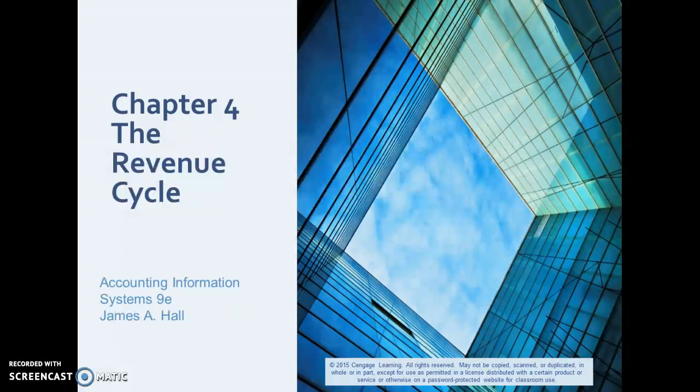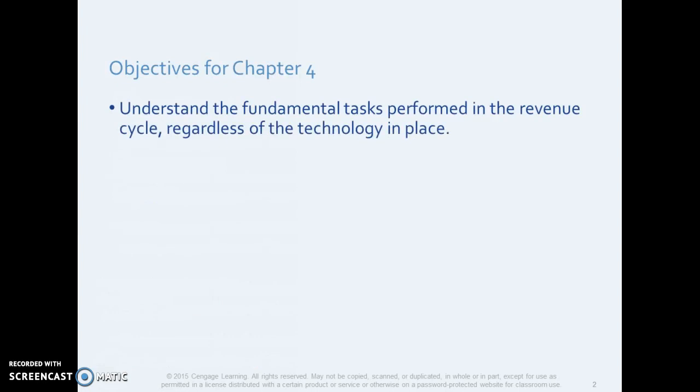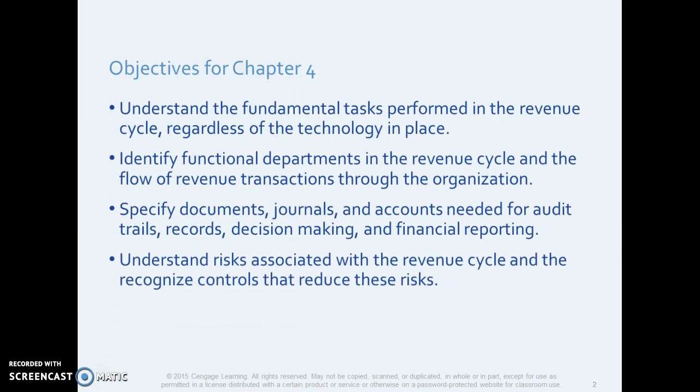So this week we're going over chapter 4, the revenue cycle. What are the objectives? The objectives are to understand the fundamental tasks performed in the revenue cycle, regardless of the technology in place. So we don't care what kind of system. We want to understand the revenue cycle.